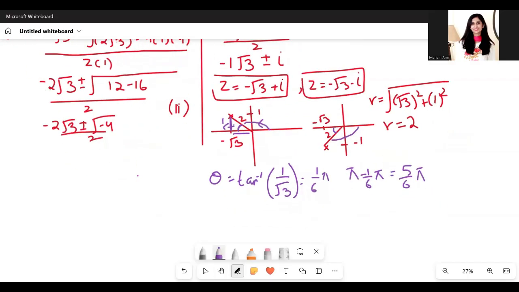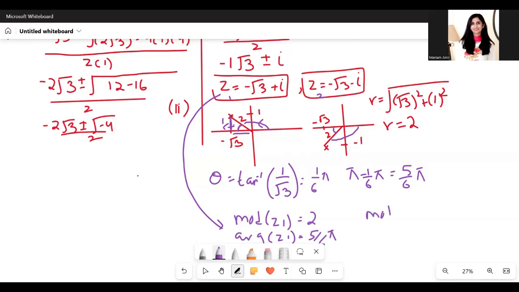Let's call them C1 and C2. The modulus of C1 is 2 and its argument is 5 pi by 6. The modulus of C2 is 2 and its argument is minus 5 pi by 6.